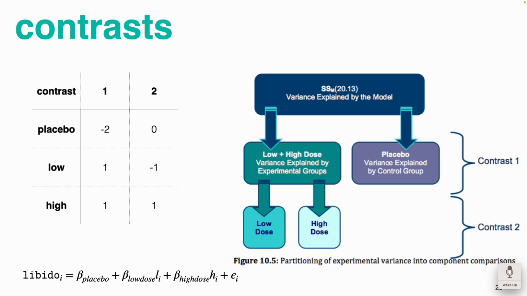So let's imagine you've got, okay, so this is total. And these are sums of squares, by the way. So you've got this sum of squares, and you kind of slice them up.